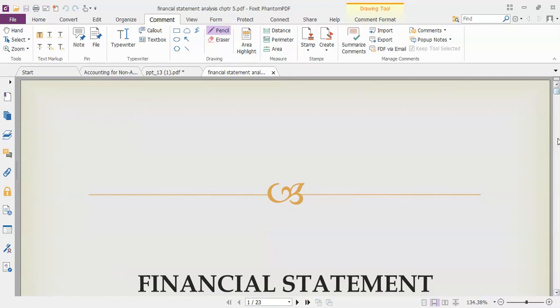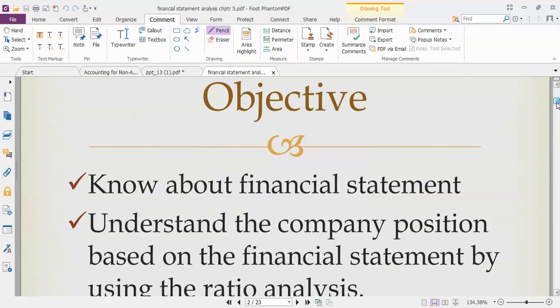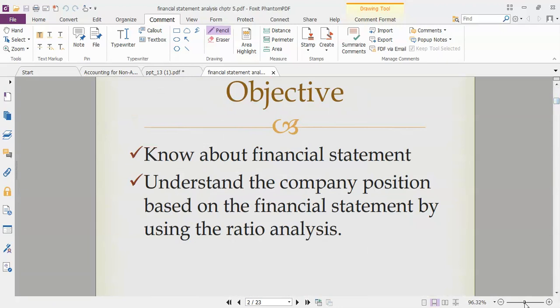So this is the slide. Chapter 5 is about financial statement analysis using ratios.